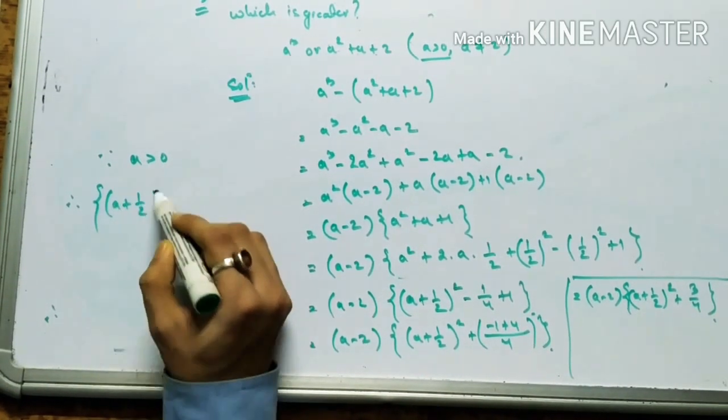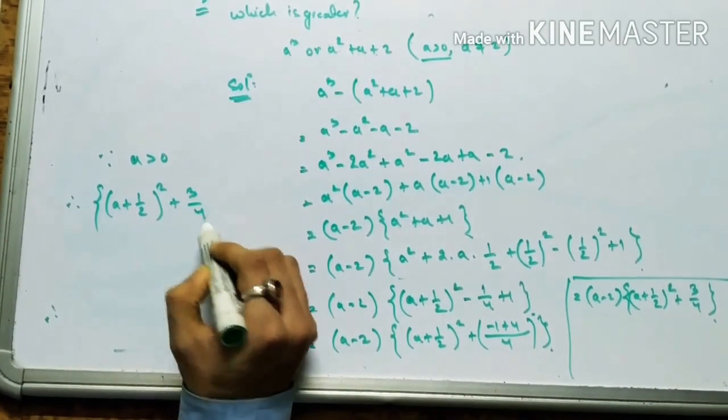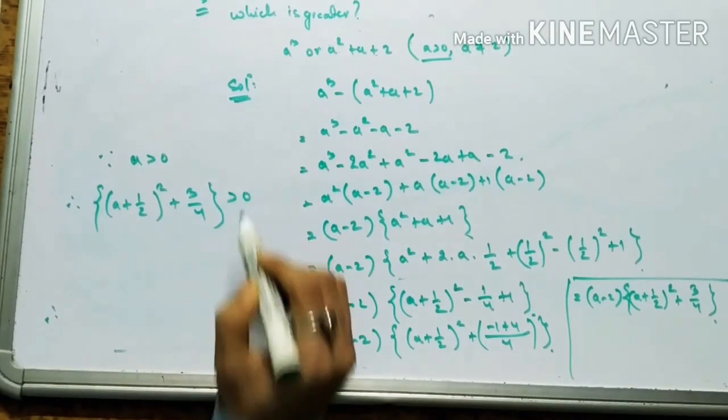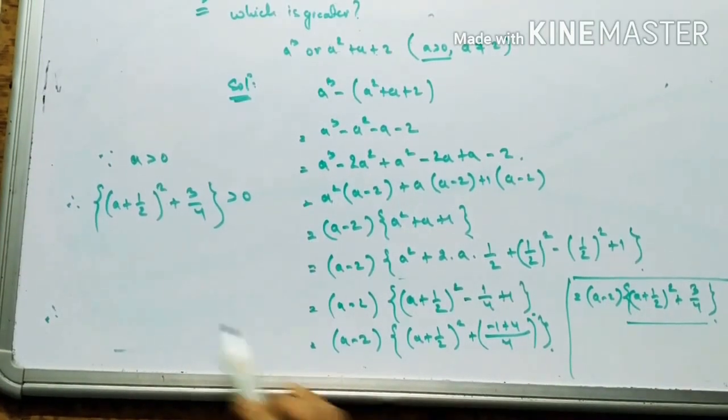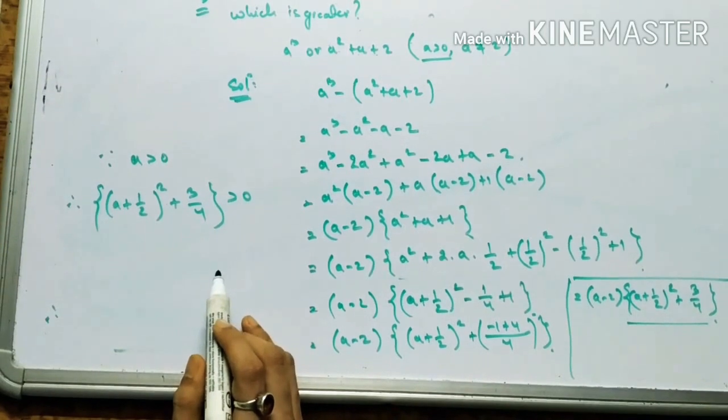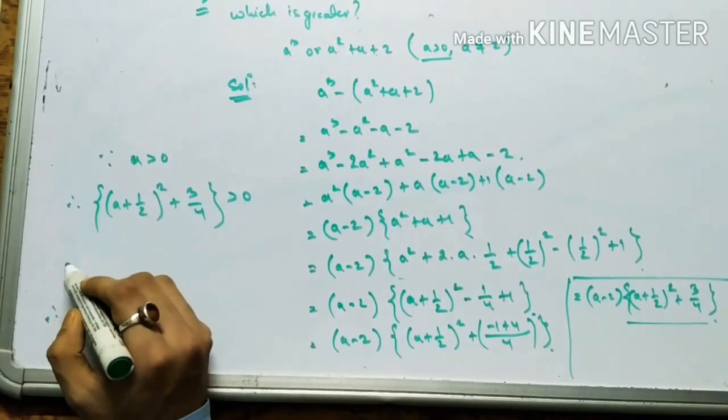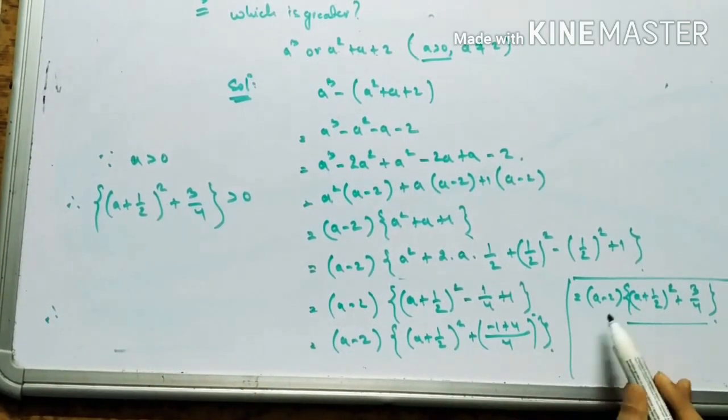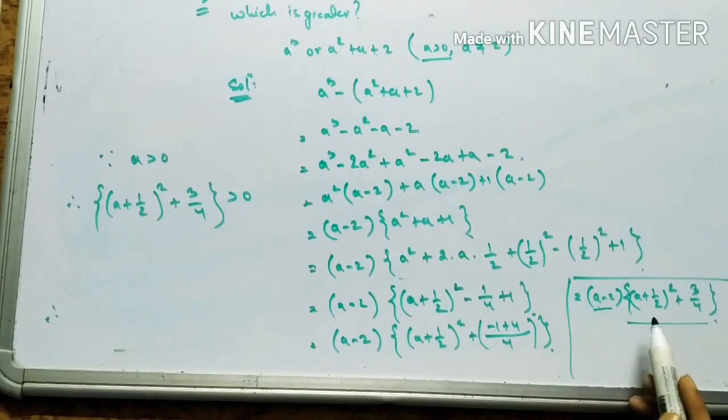A plus 1 by 2 the whole square plus 3 by 4 will be greater than 0. This part will be positive. So you see this part, a greater than 0 there, and a is not equal to 2.